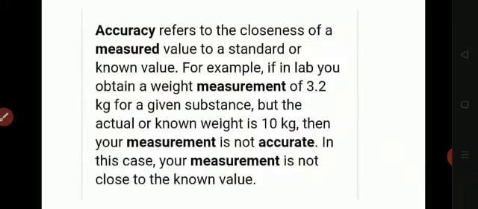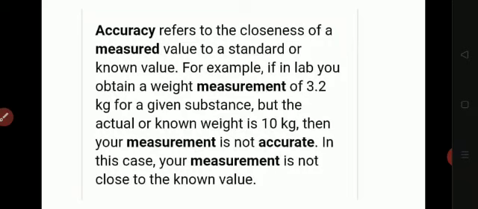Next we are going to see what is meant by accuracy. Accuracy refers to the closeness of a measured value. For example, I ask you to prepare 10 grams of sugar from sugarcane juice, but you are able to obtain only 9.5 grams. 9.5 grams is closer to 10, yes or no?